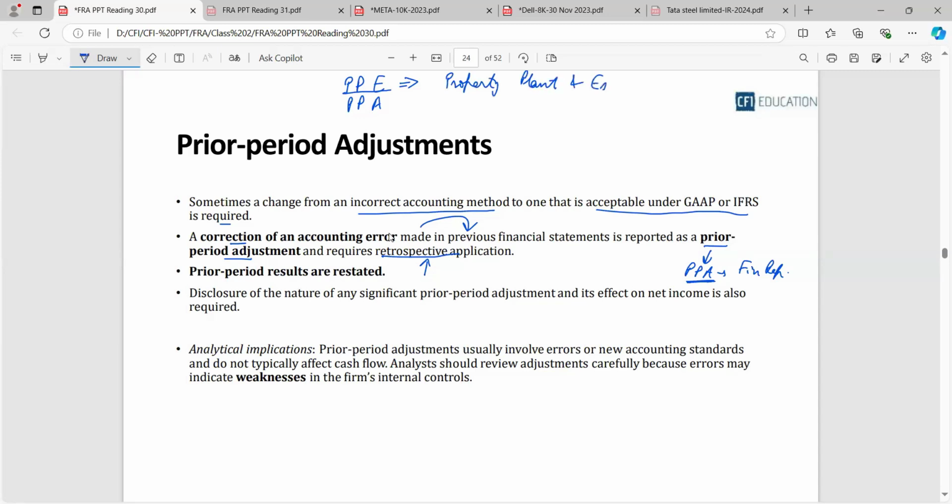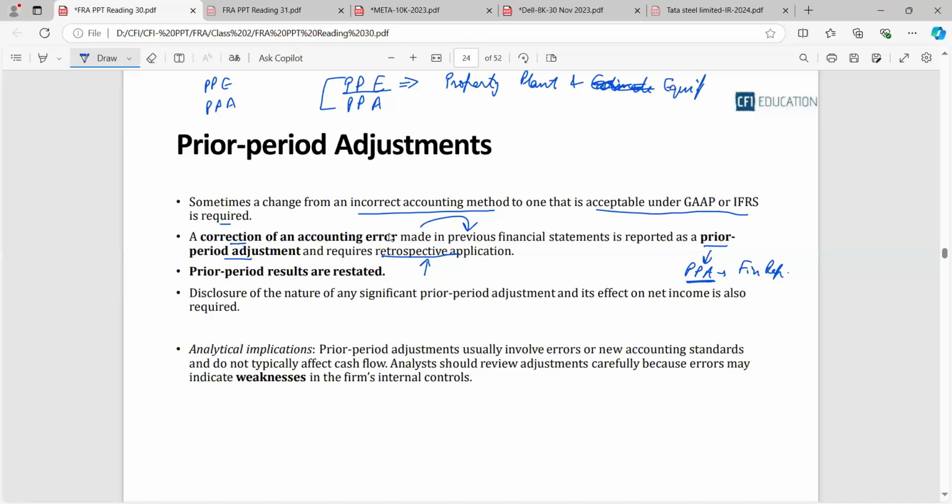Actually, it usually happens in the US that some companies use the word PPE, and somewhere they use the word PPA. As a student, I got confused about what PPA is and what PPE is. So PPE stands for property, plant, and equipment.